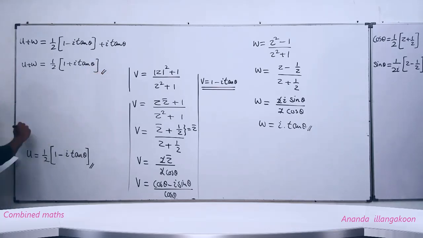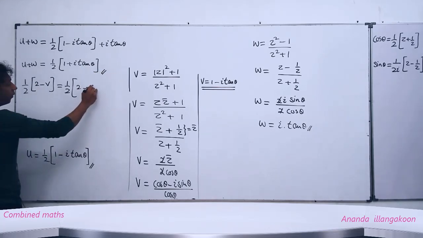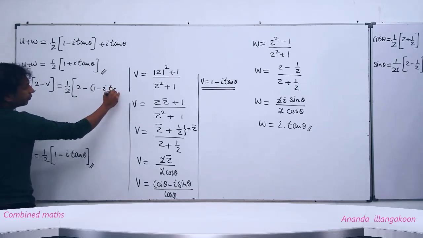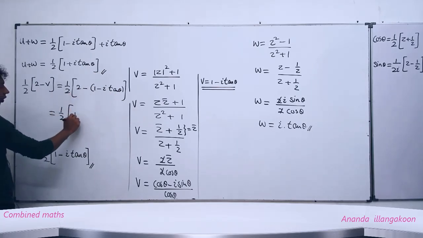Right. Now let us see what is this. Next one, half (2 minus V). Half (2 minus V), V is 1 minus i tan theta. Simplify this. 2 minus 1 is 1, minus minus plus.